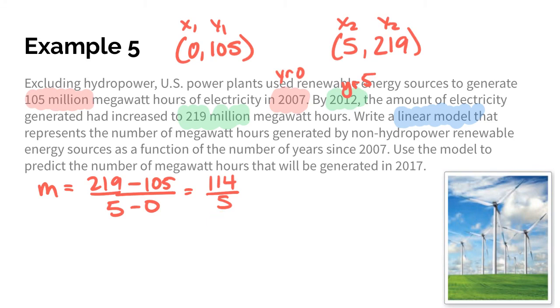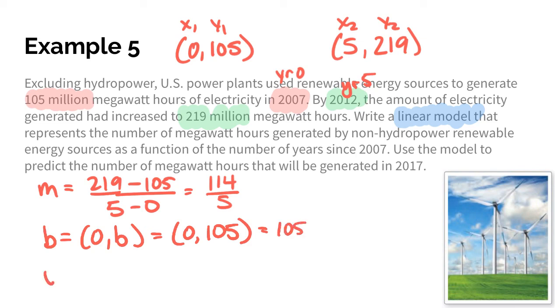And then I want to find my y-intercept, which is my value of y when x is 0. If I consider the points that I wrote, that would be the very first point in 2007. There were 105 million megawatt hours. So that means my y-intercept would be 105.